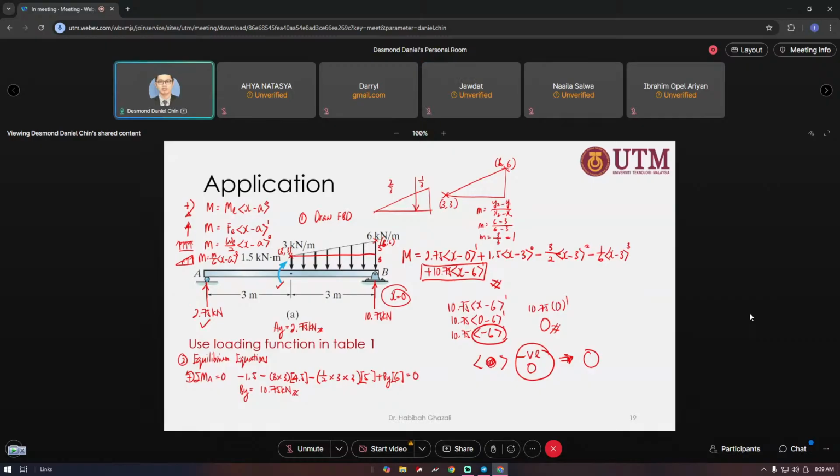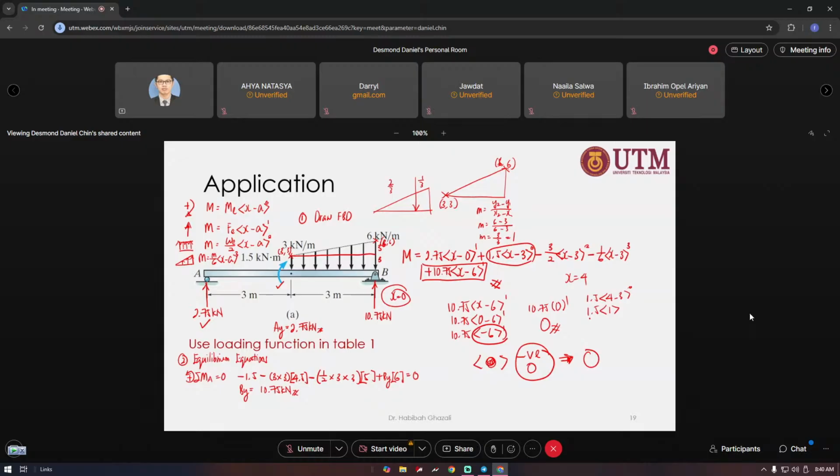Okay. Let's say if I pick this and then x equals 4. So 1.5, 4 minus 3 inside the bracket. So 1.5, you will get 1, isn't it?